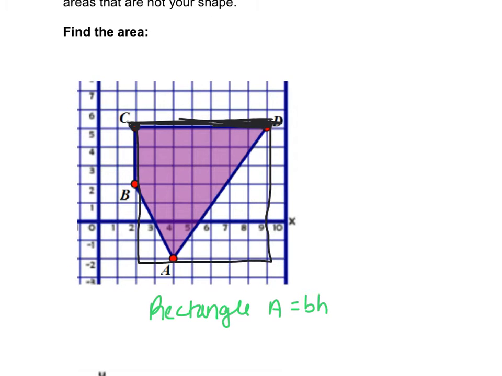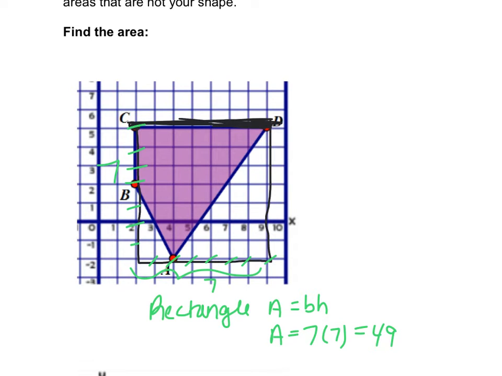The base of the rectangle is 1, 2, 3, 4, 5, 6, 7. And my height is 1, 2, 3, 4, 5, 6, 7. So my area of the rectangle is 7 times 7, which is 49.